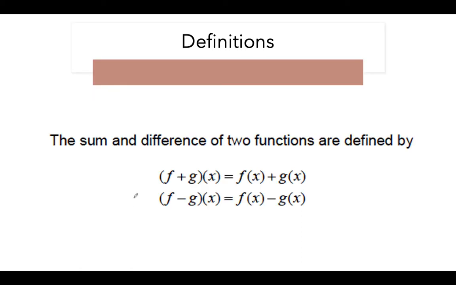Let's go over the definitions that we learned from the first lesson. The sum and the differences of two functions are defined by this. So this is the sum. When you're adding two functions, you can separate it into the same input of x. And this is a difference. The input is the same, so you can separate it as f of x minus g of x.